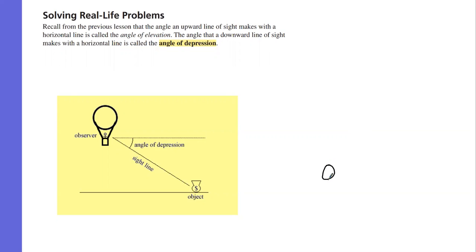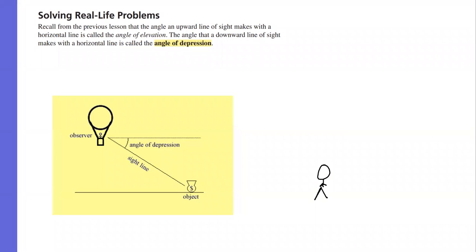So here's my person, and let's get my drawing tool here. Let's say they're looking. So this is going to be my horizontal right here. And let's say they're looking up at something. So let's say that's my line of sight right there.